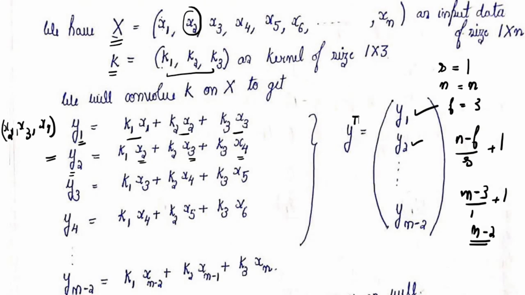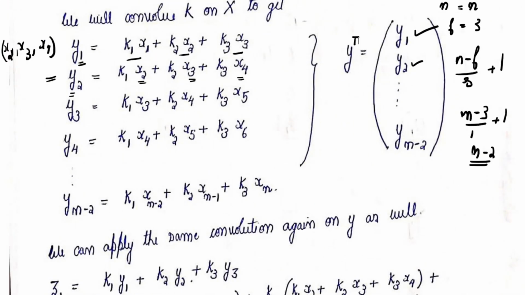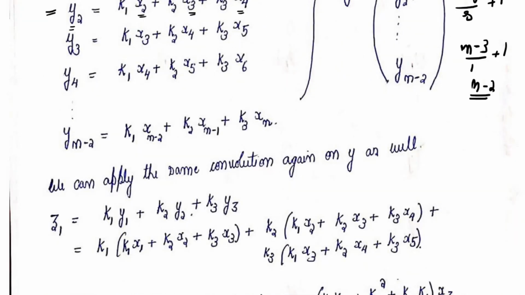We can perform the convolution operation again on y, and just to give context, this is how it is going to look. Initially we have x, and we get y on performing the kernel convolution k on x. On performing kernel convolution k on y, we get z.